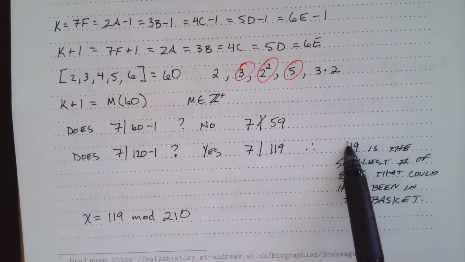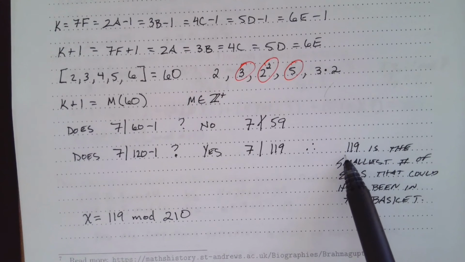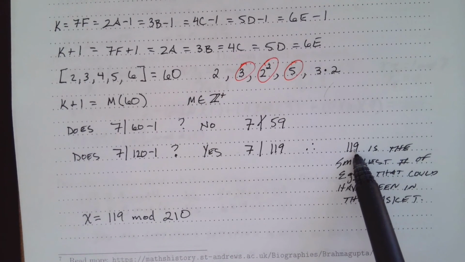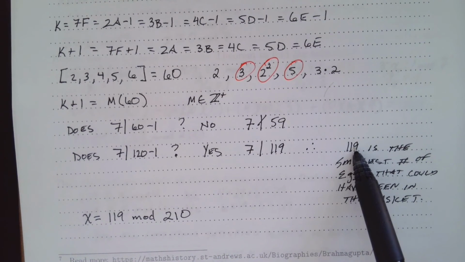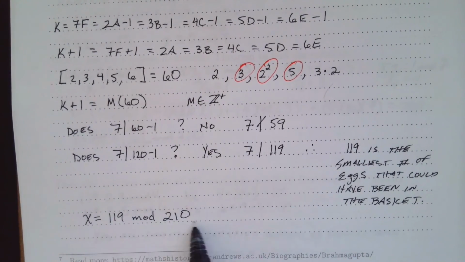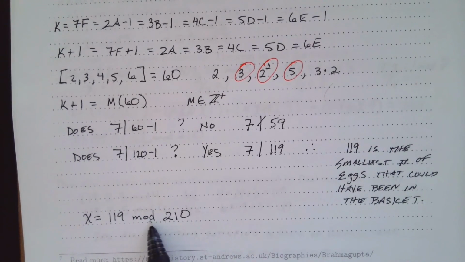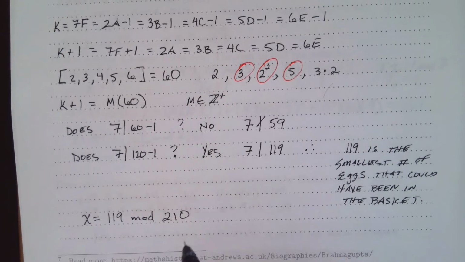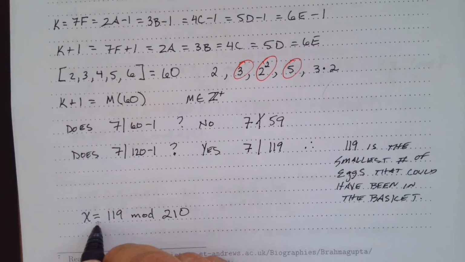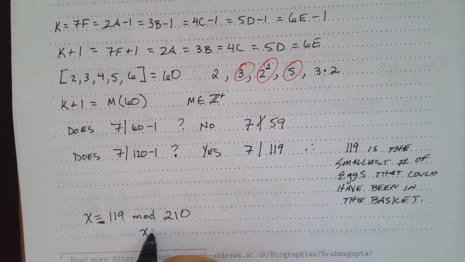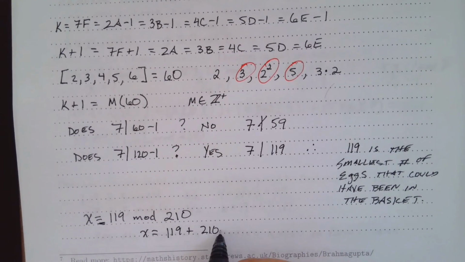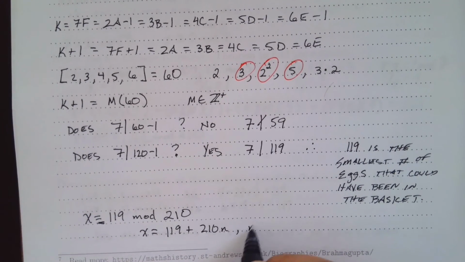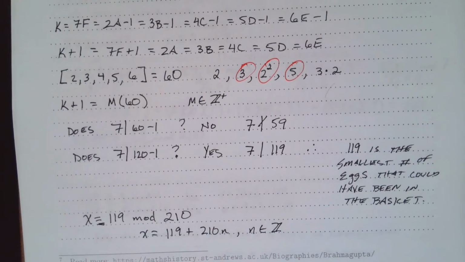Here, 119 works, but it may not be as intuitive for students to see what other possible values would work. 119 works, but what if it was more than 119? Here, with the Chinese remainder solution, we would have the whole series of values, all the possible values, that x is going to be 119 plus 210 times n, where n would simply be an integer.